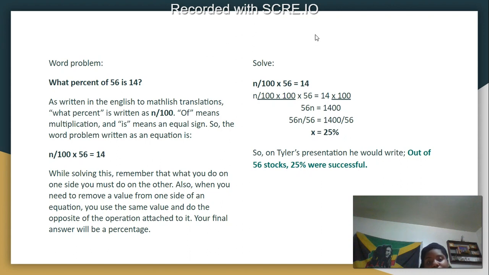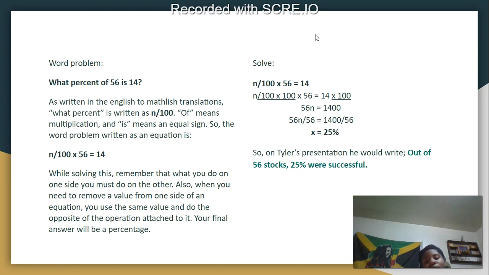So written again, the equation would be n divided by 100 times 56 equals 14. So to cancel out the 100 in the word problem, you would multiply by 100 instead of dividing by 100.